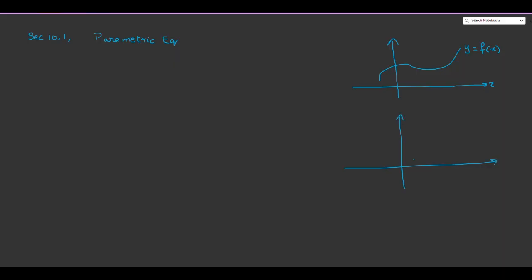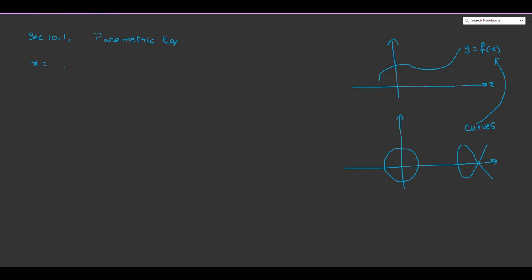For example, think about this circle, or this type of curves. These curves cannot be written in this form, so what we do, we write them in the parametric equations.